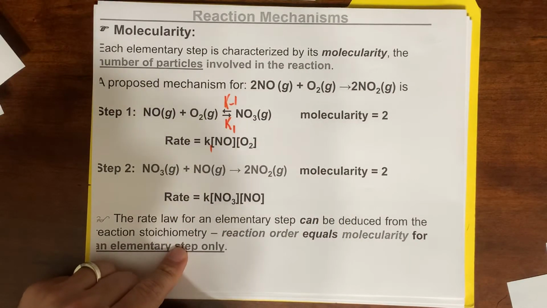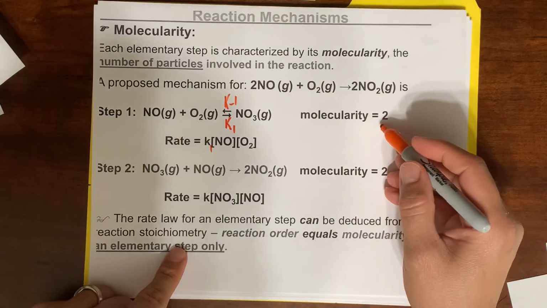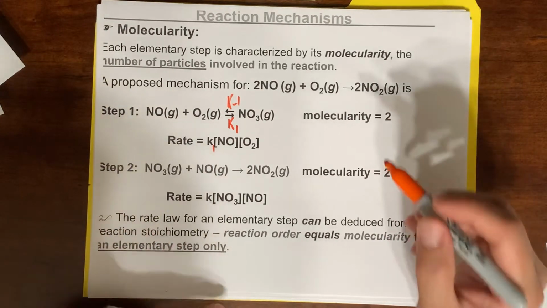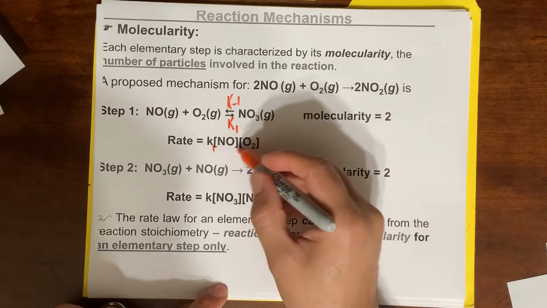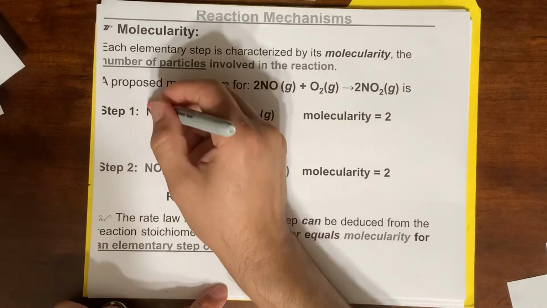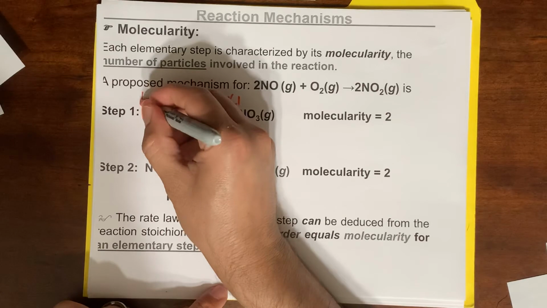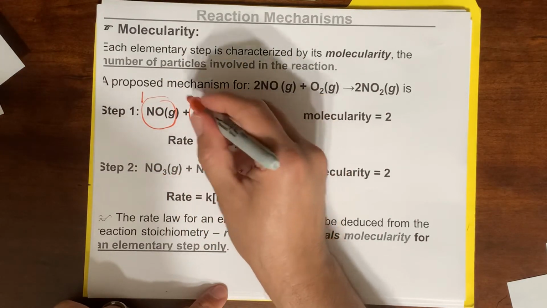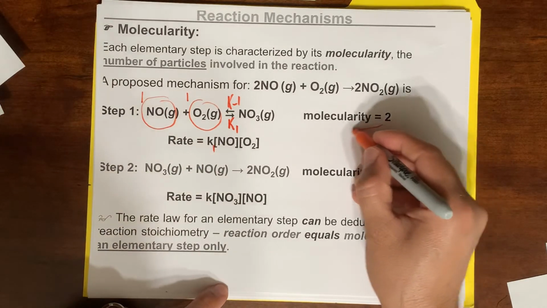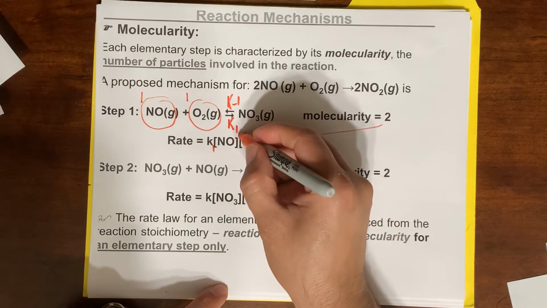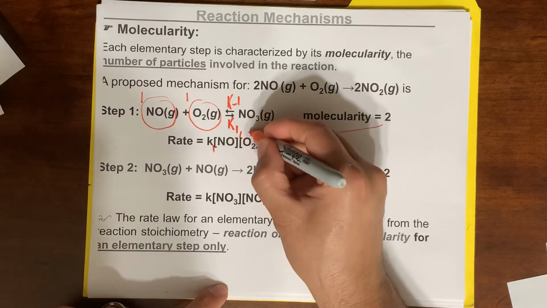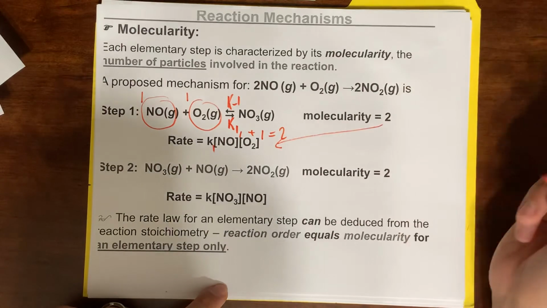Okay. And what's the meaning of molecularity? Molecularity, when it comes to mechanism, means the number of particles that are involved in each reaction. You have one NO and one O2, so 1 plus 1, it will be 2.